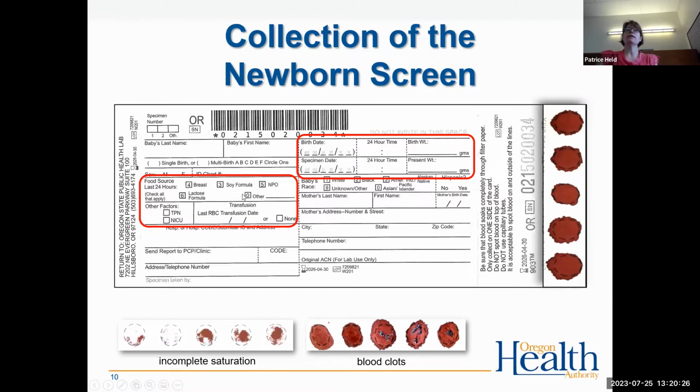If the baby's in the NICU, has the baby been transfused? All of this information is necessary for us to appropriately interpret our laboratory results. And then the last field that's important on the card is this lower one, which is asking the hospital or the midwife to identify who is the PCP? Who is going to be the baby's pediatrician? And who should our results be communicated to?